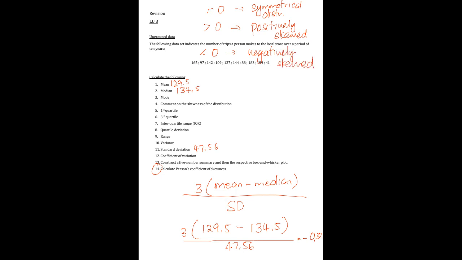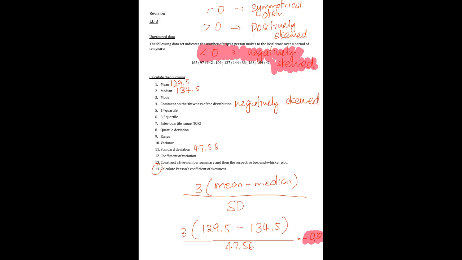Now, in this case, your answer was negative. It was minus 0.32. So because it's less than 0, it is a negatively skewed data set. That's the same thing we said when we did number 4 here, we said it's negatively skewed because the mean was less than the median.